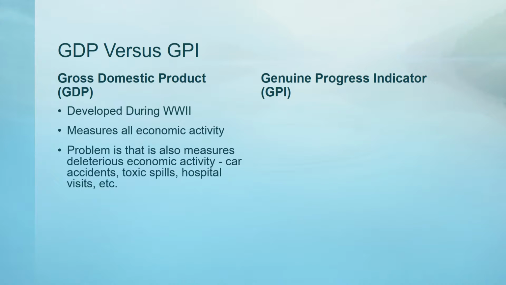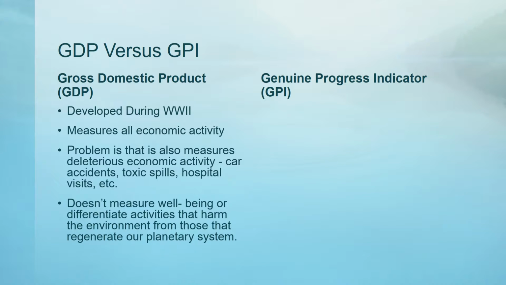The problem is it also measures deleterious economic activity. For instance, car accidents, toxic spills, hospital visits, crime, all those things. So when things are happening, that's counted as a measurement of GDP. It's not necessarily a good thing. But genuine progress indicators have also been constructed. GDP doesn't measure well-being or differentiate activities that harm the environment from those that regenerate our planetary system.